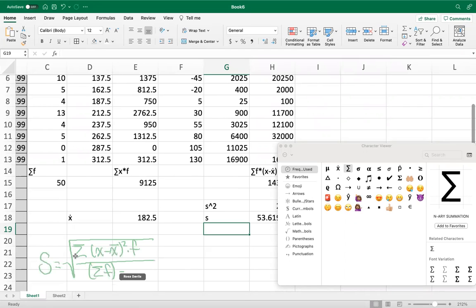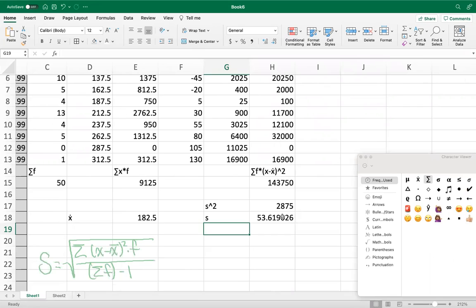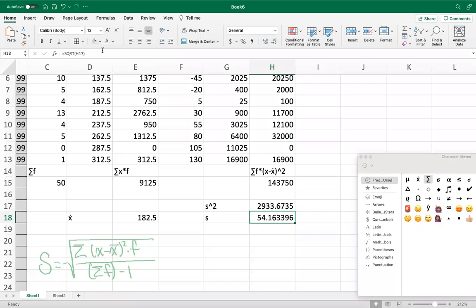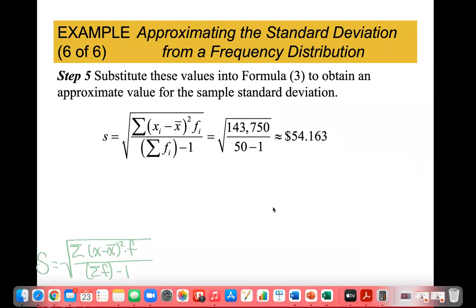Remember it's n minus 1. So n here is the frequency, but we should have subtracted 1 from it. So coming back over here, it should be the sum of the frequencies minus 1. And see how that makes the tiniest difference. There we go.